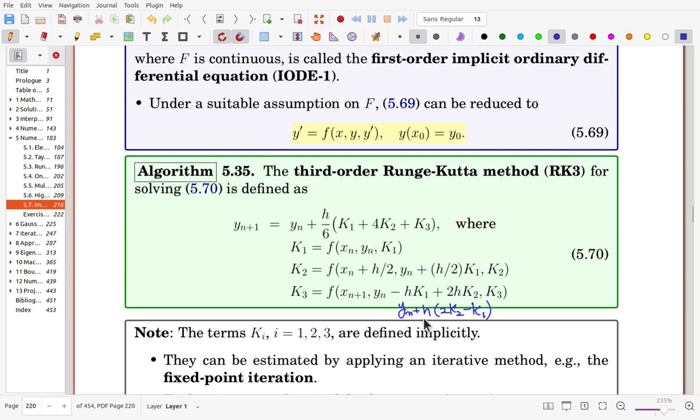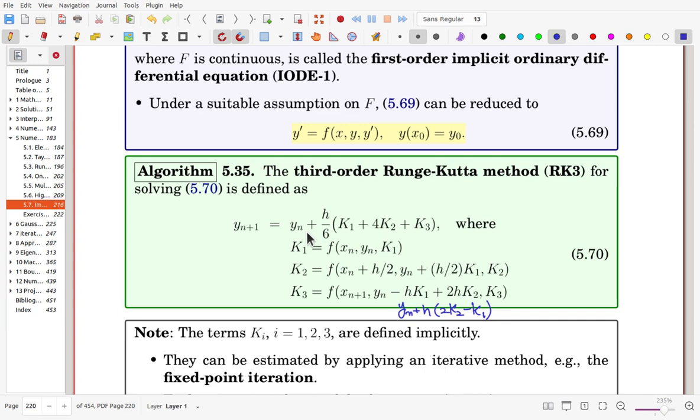So along with that combination, we try to predict the y value, and again for k3 we have to solve this equation for the fixed point.